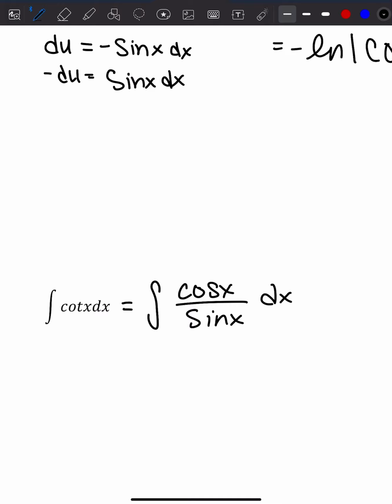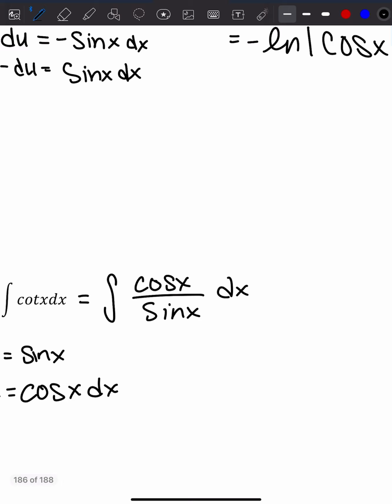We're going to go ahead and switch our u to be sine this time. So u is equal to sine of x. So du is equal to cosine of x dx. This time we have it as a straight substitution.